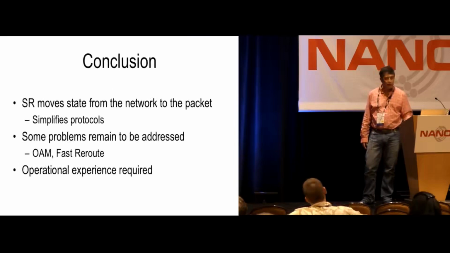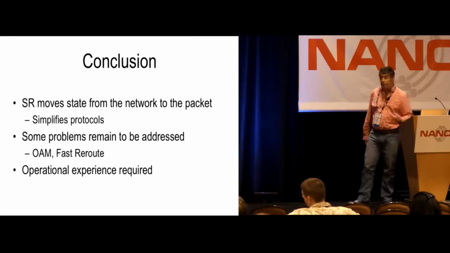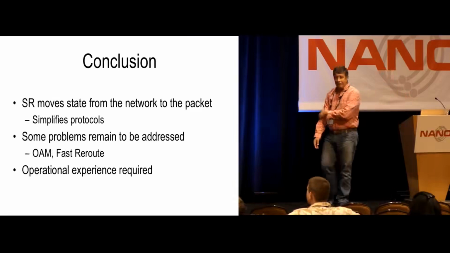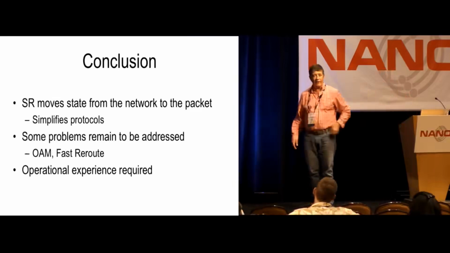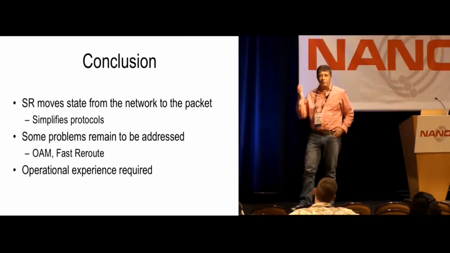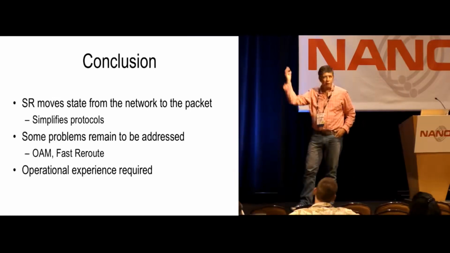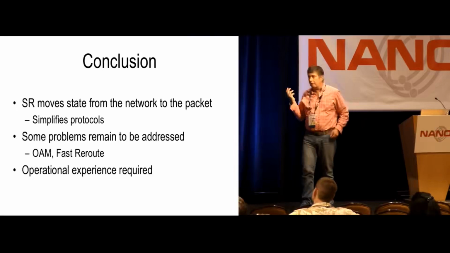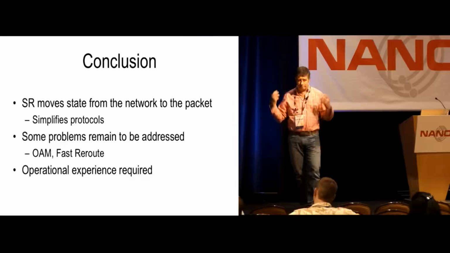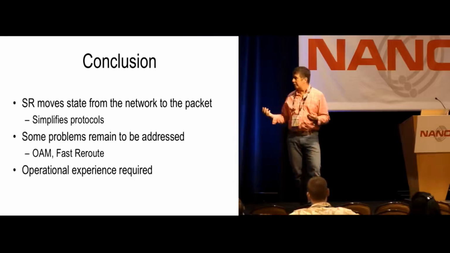So, what are the conclusions? Well, the big salient difference here between SR and its predecessors is that it moves state from the network to the packet. It simplifies the protocols. What used to be an RSVP now is a fairly simple thing.